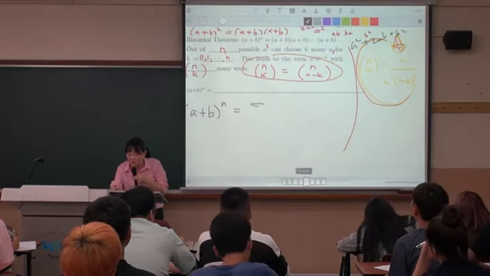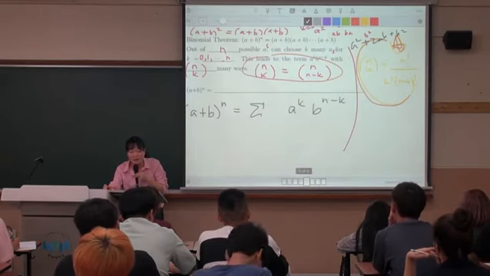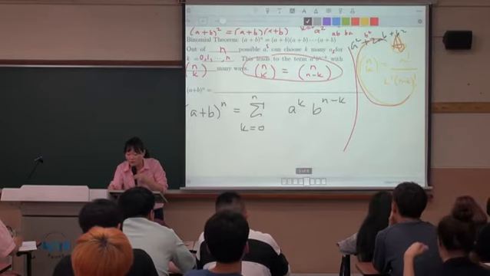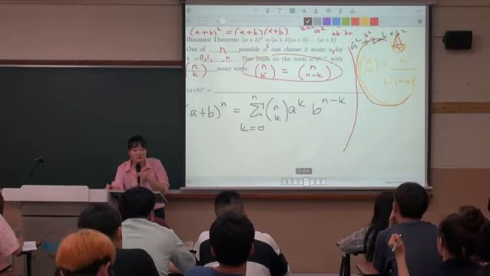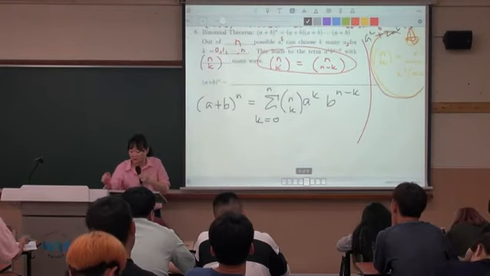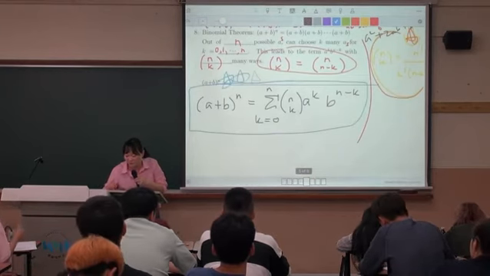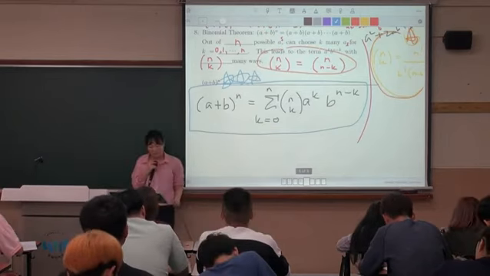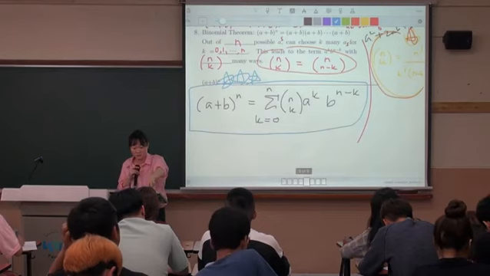So this is the summation of the terms A to the K, B to the n minus K, where K is from 0 to n with the coefficient n choose K. A를 K번 추주하는 방법. 그것을 다 구한 것. Yeah. So this is binomial theorem. We'll use this very, very often. 여기까지 질문? Okay, next.